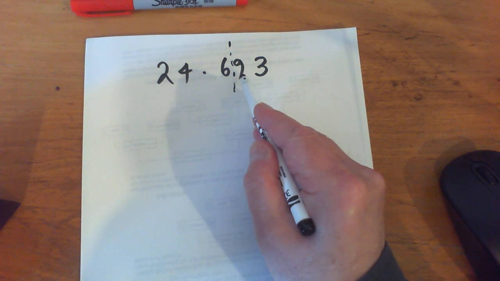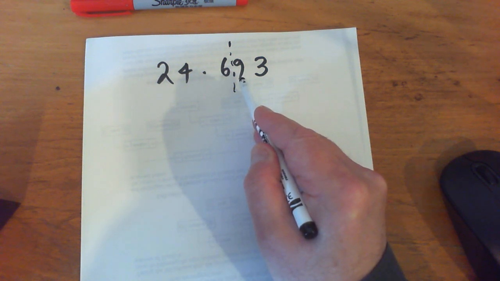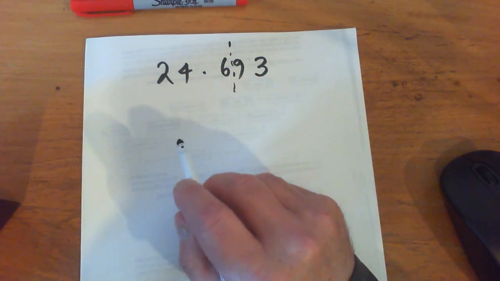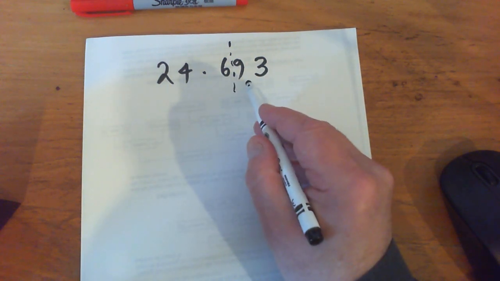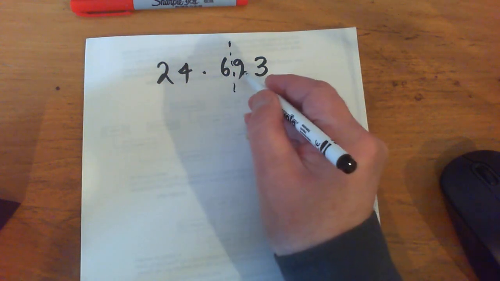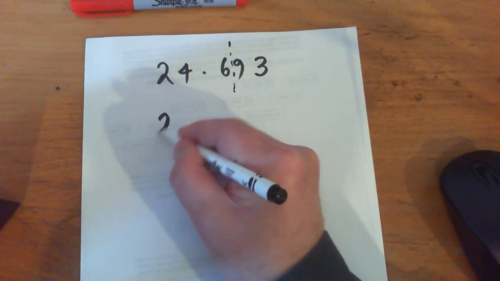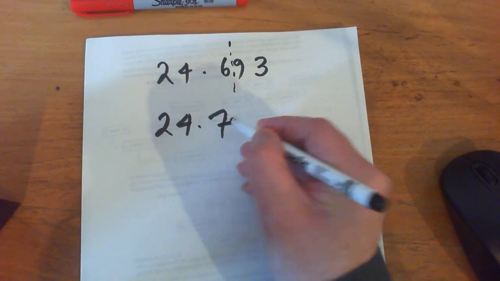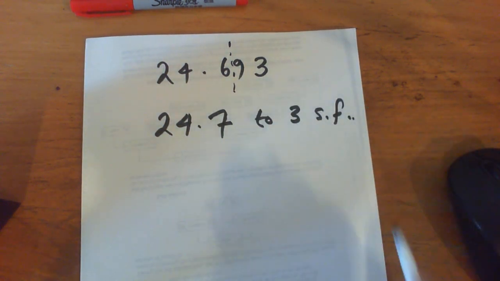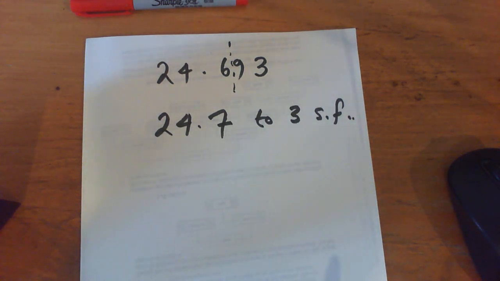If you look at the figure to the right of the dotted line, if it's 5 or above, you round that up. Otherwise, you just discard it. So okay, that's a 9, so we're going to round it up. That becomes 24.7. This time it's to 3 significant figures. So there's that difference between quoting a figure to decimal places and quoting it to significant figures.